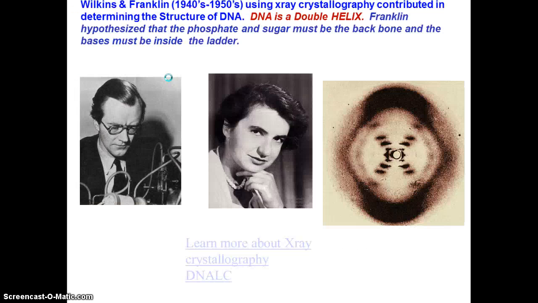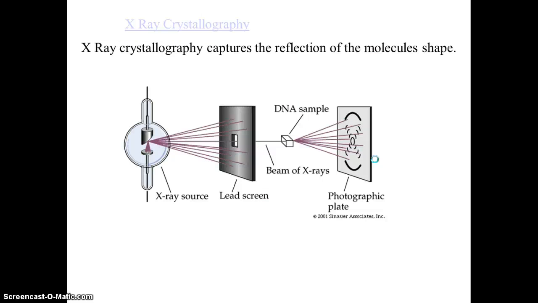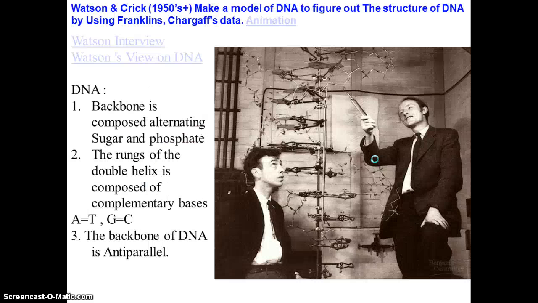And then the next big experiment was done by Wilkins and Franklin using X-ray crystallography. And this is the famous Photo 51 that Rosalind Franklin took. And she worked with X-ray crystallography, which is basically taking the reflection of the DNA, and it shows that the DNA has a helical structure.